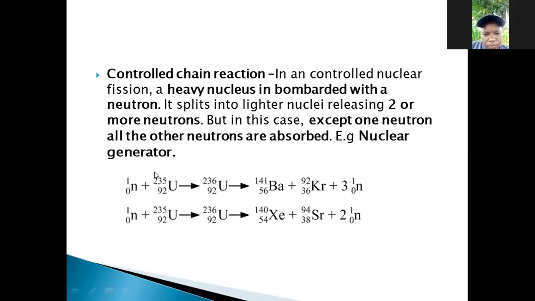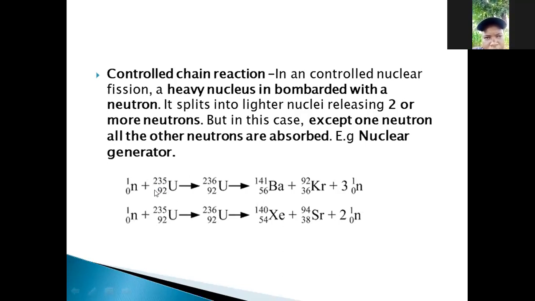So if we try to subtract, I have my calculator here. If we subtract 92 from 235, you get 143. So this 143 means those are the number of neutrons present in this nucleus.